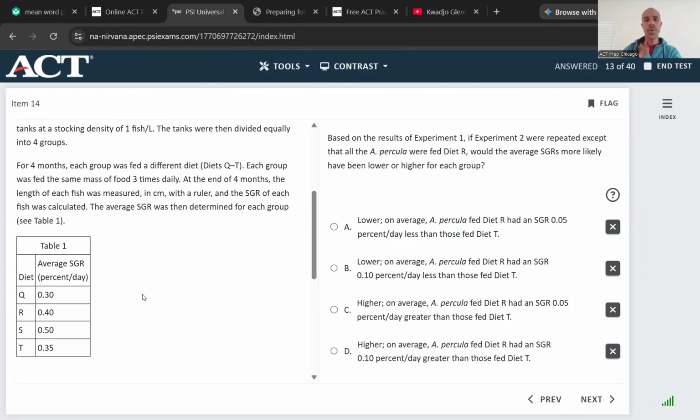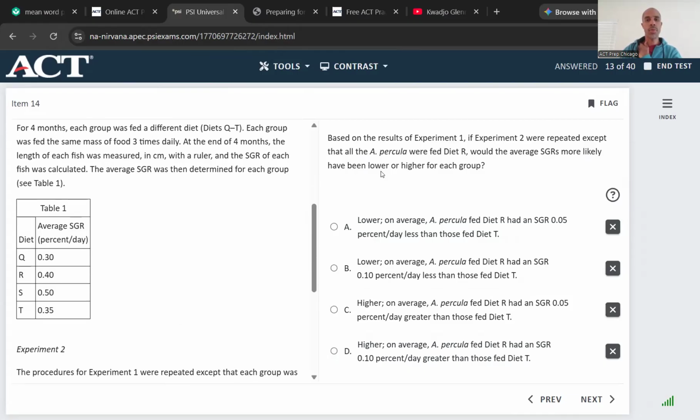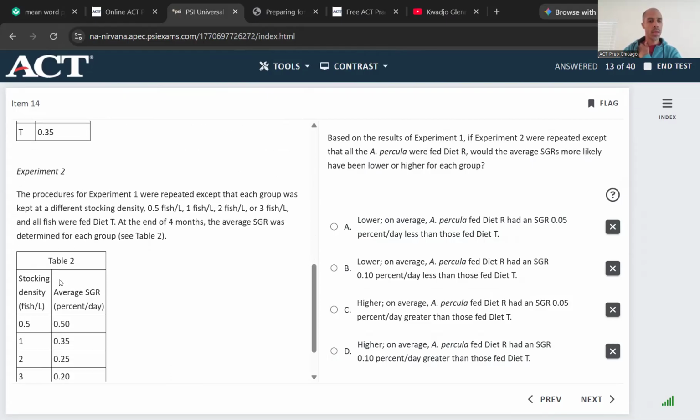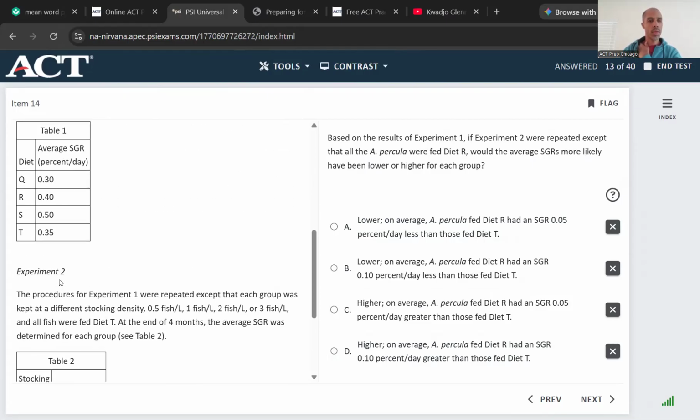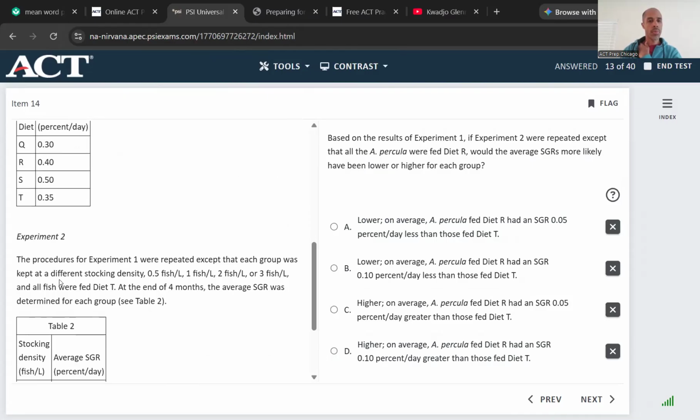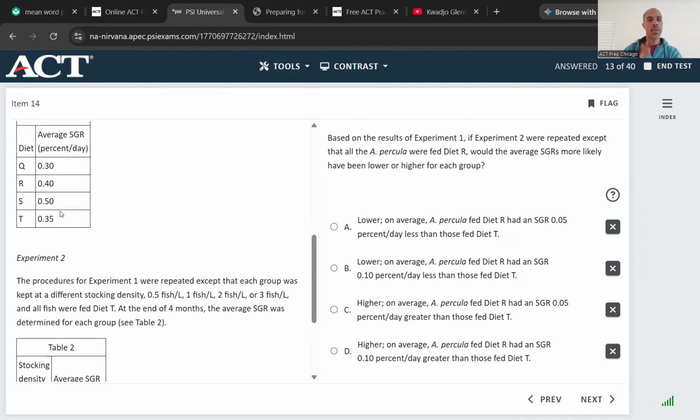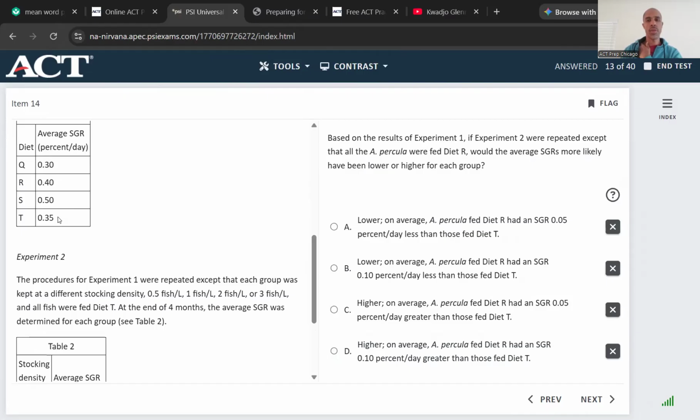If experiment two were repeated, except that all the A per cooler were fed diet R, would the average SGRs more likely have been lower or higher for each group? Diet R. The procedures of experiment one were repeated, except that each group was kept at a different stocking density, and all the fish were fed diet T. So diet T had a lower SGR than diet R.